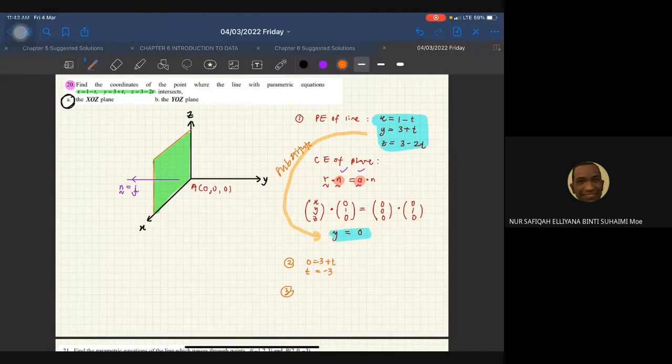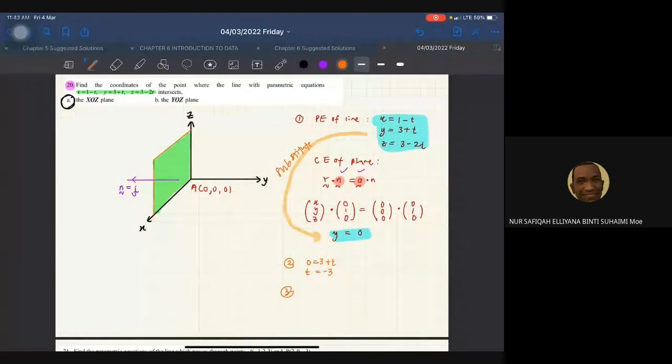Boleh faham tak explanation saya? Can you understand my explanation? Boleh, Miss. Okay, good. Yang ketiga tadi macam mana tu? Yang lepas step substitute, terus yang step ketiga tu macam mana?